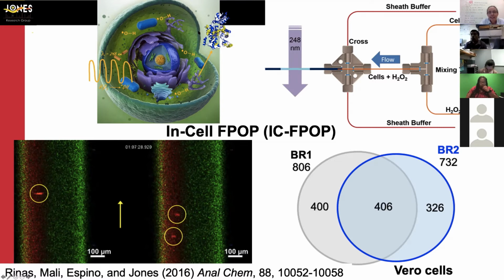Yeah, go ahead. Like with heme proteins, I know they're really reactive with H2O2. Have there been any sort of different results with heme proteins, or do they work just fine as well? They do not work just fine. The first heme protein we tried was cytochrome C. We got very interesting results because when you add the H2O2 itself, it changes the structure of cytochrome C because it interacts with the heme.